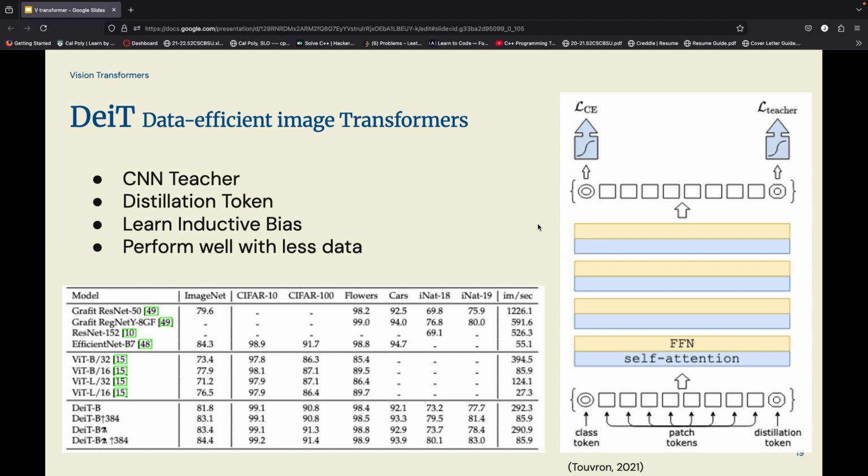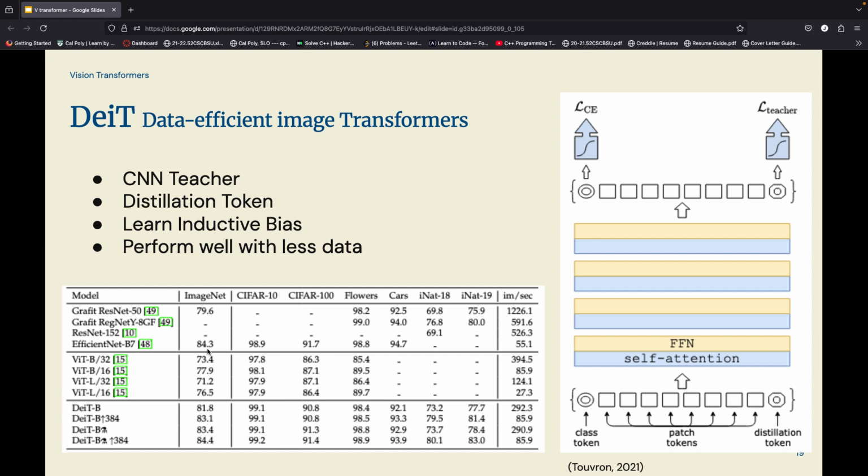Therefore, we call the CNN a teacher of our DEIT model. So because CNNs have inductive bias, our model actually learns inductive bias due to this distillation token. And it is able to perform pretty well with a lot less data.